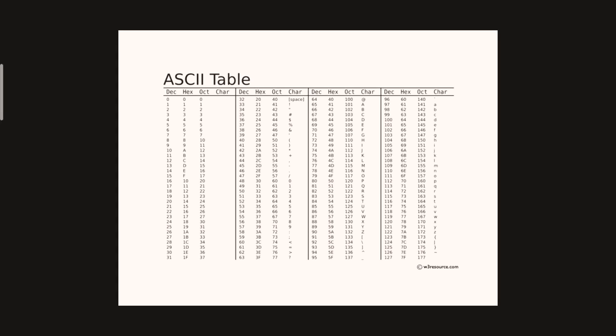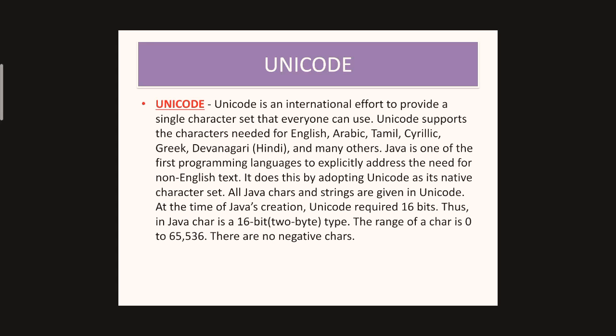But it is only for the people who know the English language. So what about others? For that, Unicode came into the picture. So what is Unicode? Unicode is an international effort to provide a single character set that everyone can use.